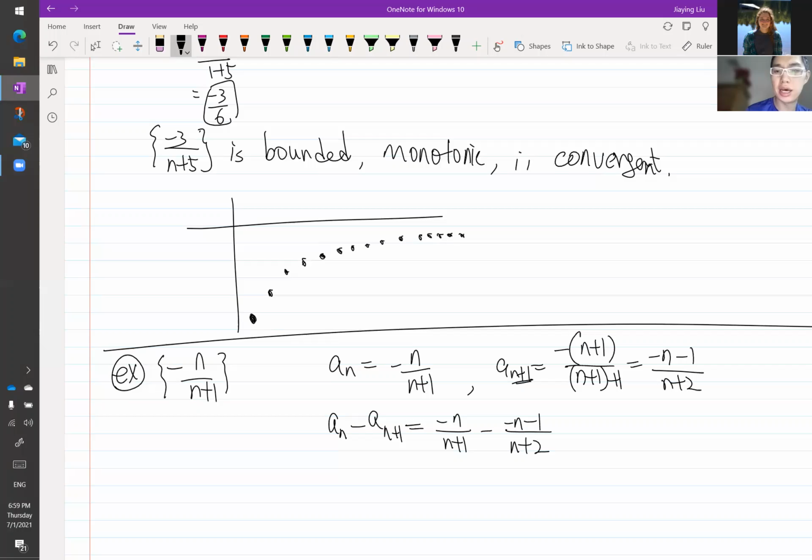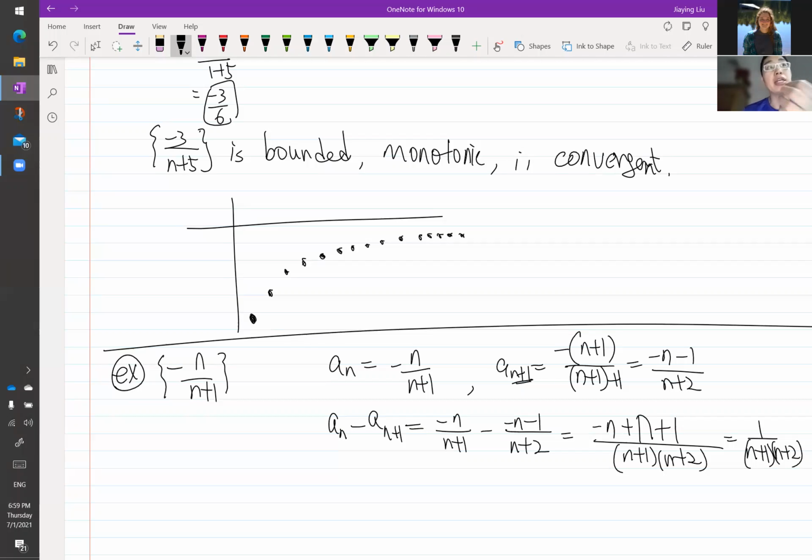Again, I'm going to use a common denominator, (n+1)(n+2). And in the numerator, I have (-n) minus (-n), that's a positive n. And then -1, that's a +1. So I got 1 over (n+1)(n+2).